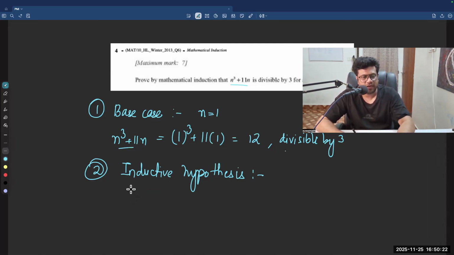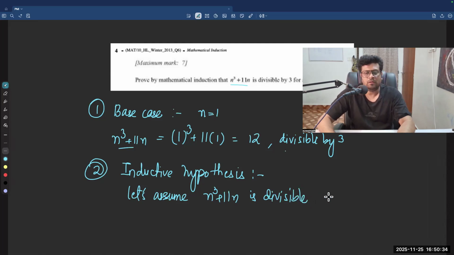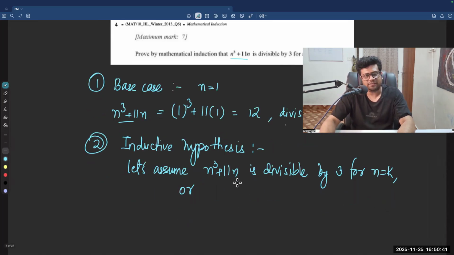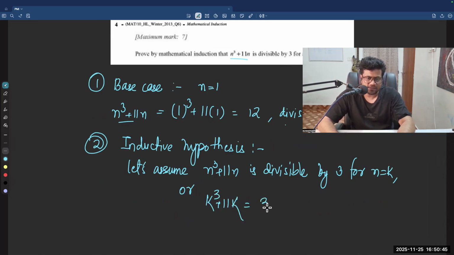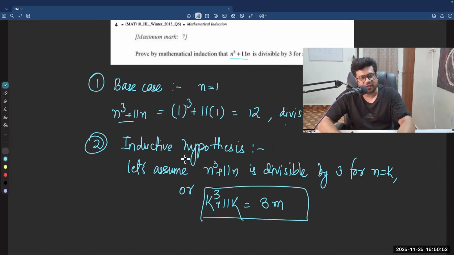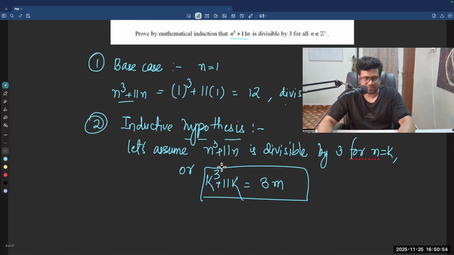So let's assume n cube plus 11n is divisible by 3 for n equal to k, or as a proper statement we write k cube plus 11k is 3 times some integer m. So that is our assumption. That is known as the inductive hypothesis step.